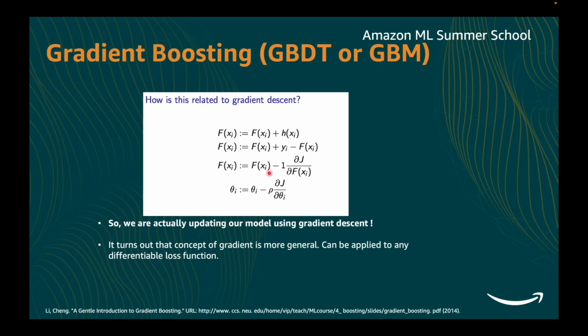So as you see over here, very similar to how you have your thetas, your weights, you're basically just doing a gradient descent on the residuals itself, right? So this is a very interesting way in which boosting using this simple rule is actually related to gradient descent.